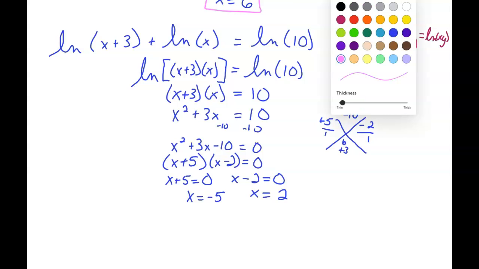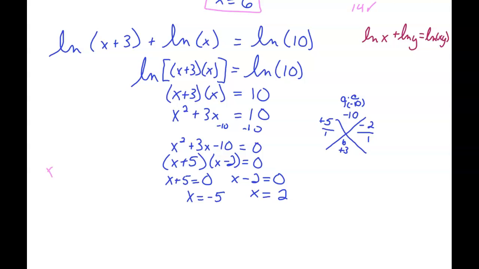When I check, I have an x plus 3, and then I just have an x as my arguments. Well, if I plug in a negative 5, that's not going to work, because x can't be negative. If I plug in a 2, 2 right here is okay. 2 plus 3 is 5, so that's okay.